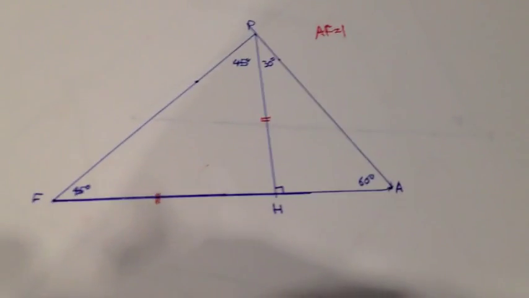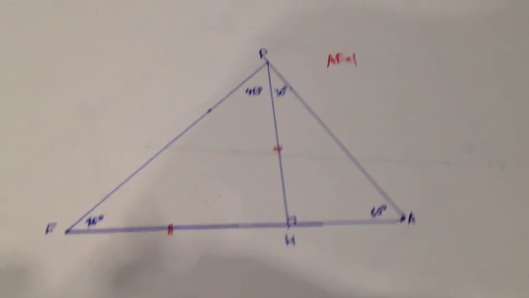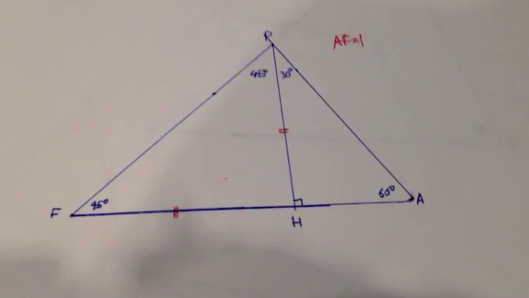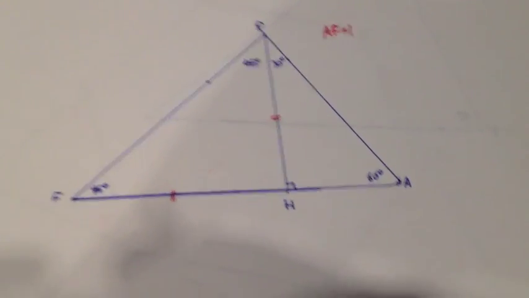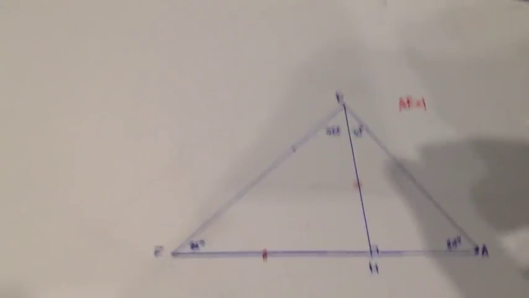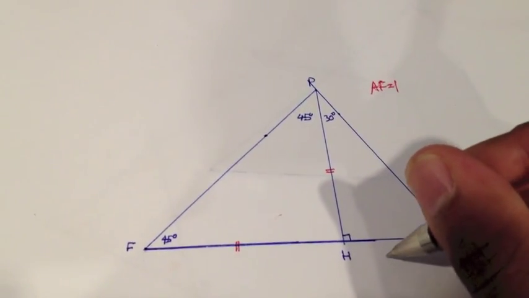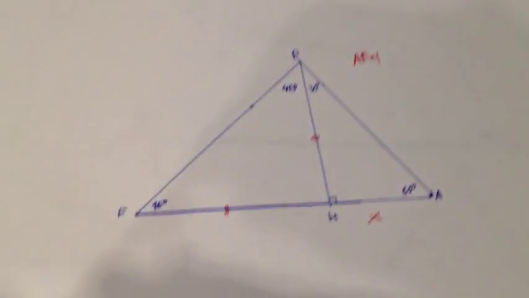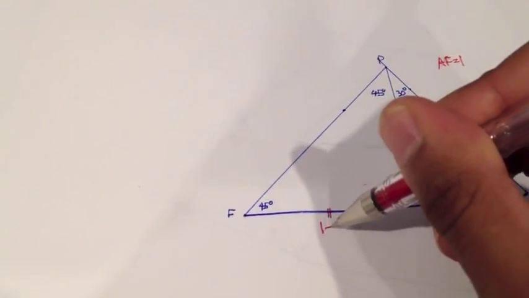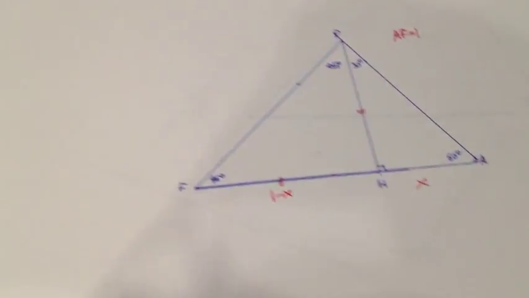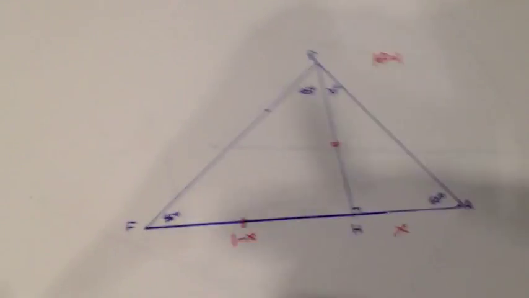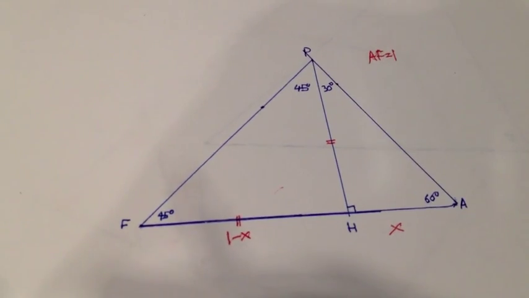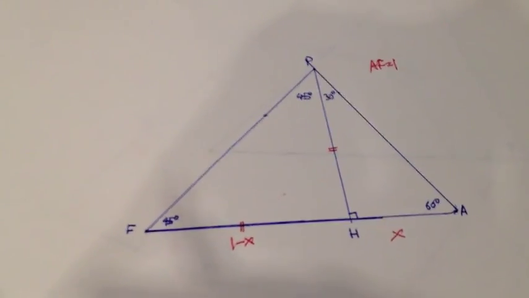Okay, so what we can actually do here is call AH x. So since AH is x, HF must be 1 minus x. Seeing that it's a 45, 45, 90 triangle, PH is also 1 minus x.